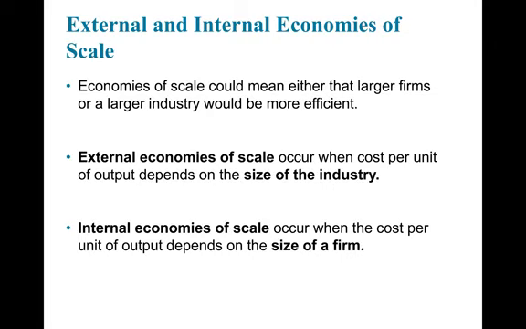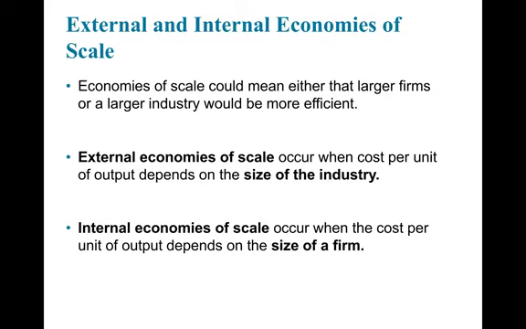External economies occur when the cost per unit of output depends on the size of the industry. Internal economies of scale occur when the cost per unit of output depends on the size of a firm.